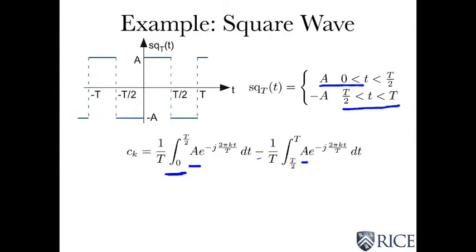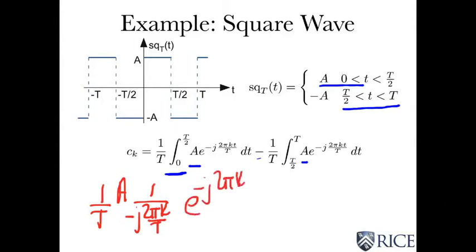So we get 1 over T, and again we get A, and then we're going to get 1 over what that exponent is, j 2 pi k over T, times e to the minus j 2 pi k t over T. And evaluate that from 0 to T over 2.